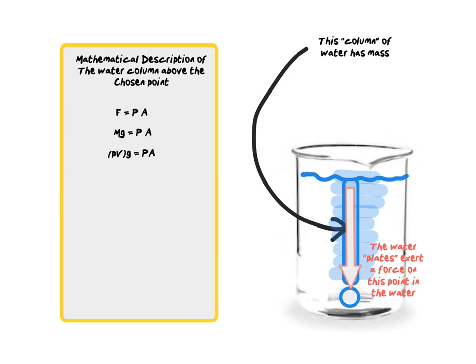The V in this equation that we've written so far refers to the volume of that column of water above the point in question.